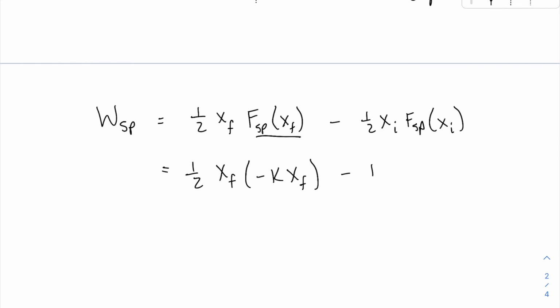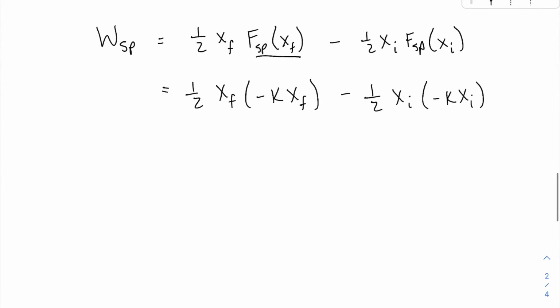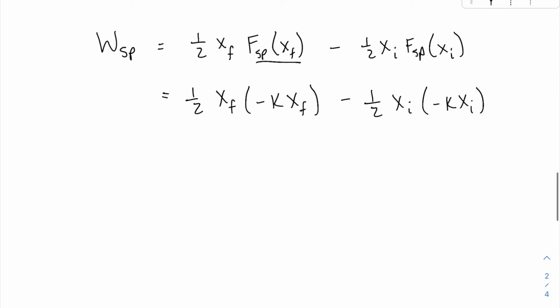And then same thing for the smaller triangle, we'll have 1/2 x initial, and the spring force at position x initial is negative k x initial. And what we can do is square those positions.